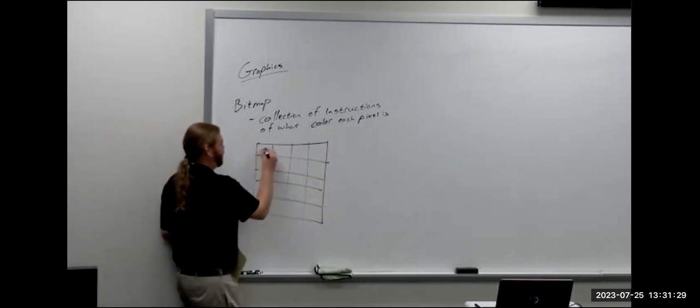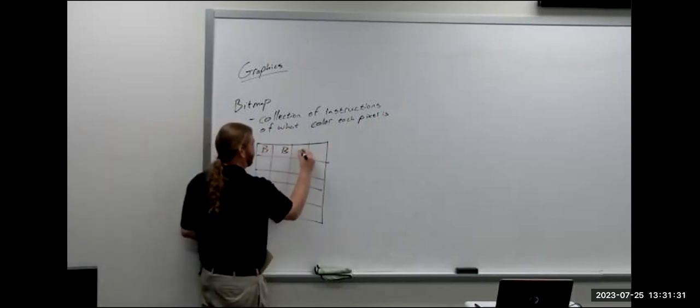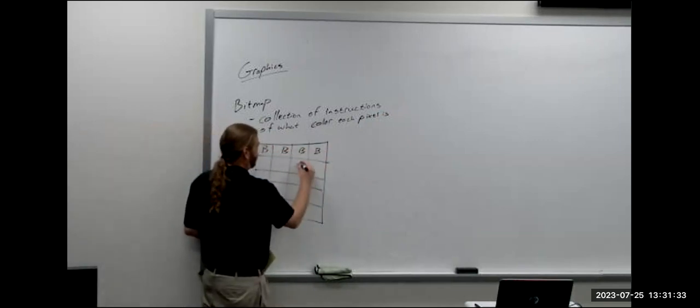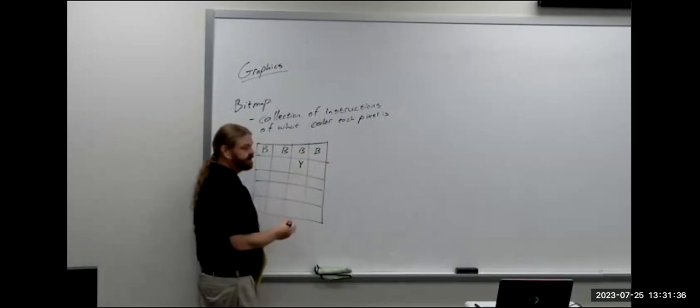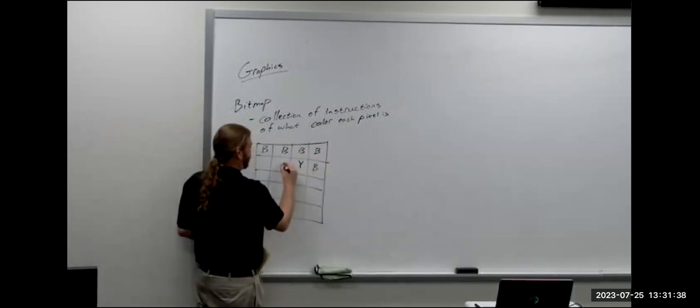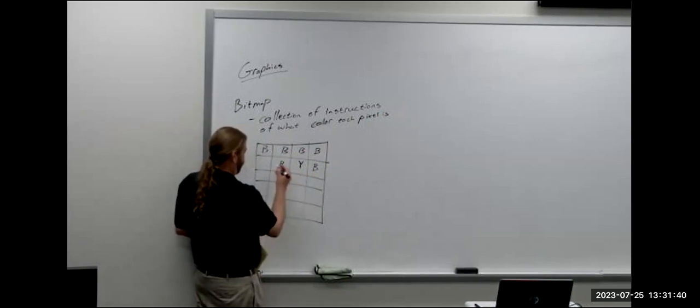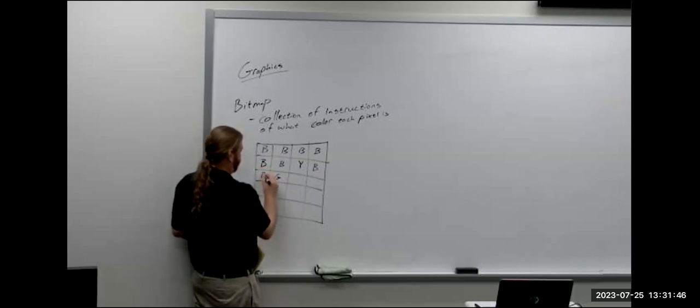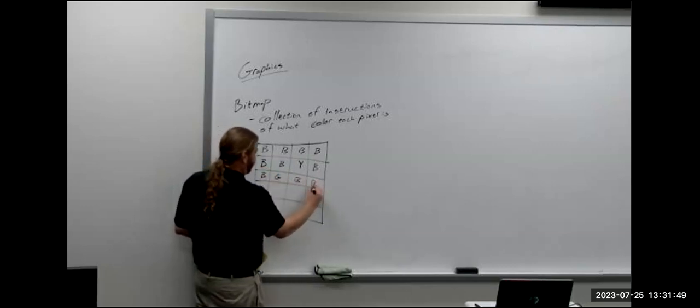But for our picture, we have a bunch of blue up here in the sky. We have that yellow circle for the sun, surrounded by some pixels that are going to be blue. Somewhere we can use a green top for the tree, blue around the top of that tree.